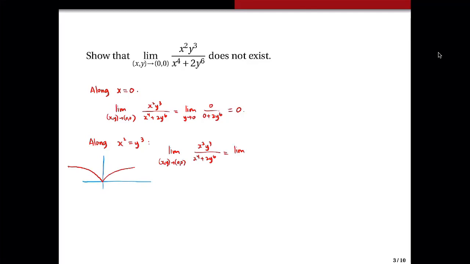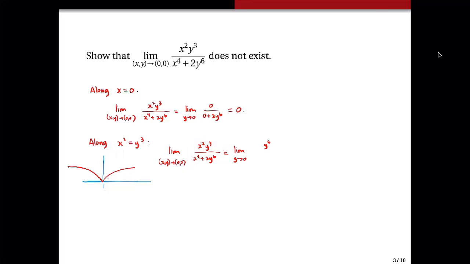So let's replace x squared with y cubed, so the expression will just be in terms of y. So we will have y approaches 0. And notice that as y approaches 0, x will also approach 0, so we still have (x, y) approaching (0, 0).